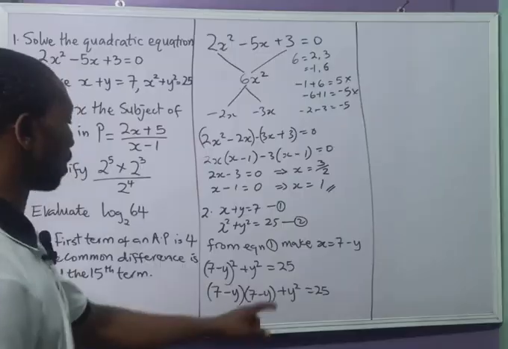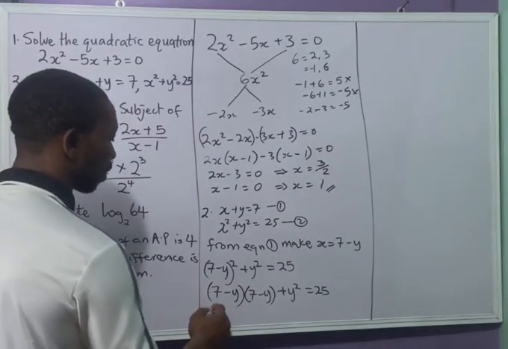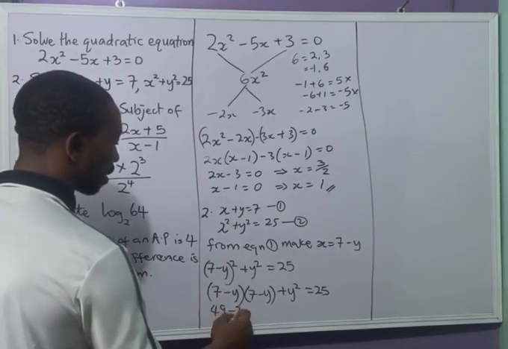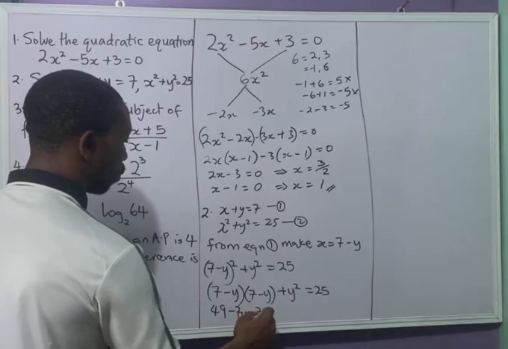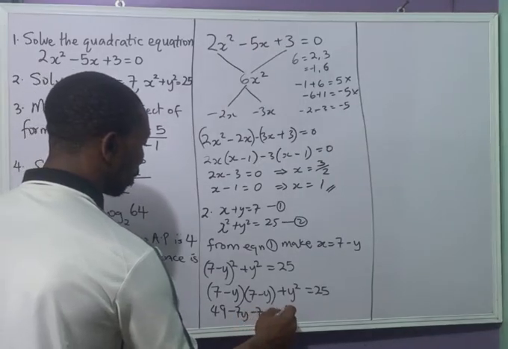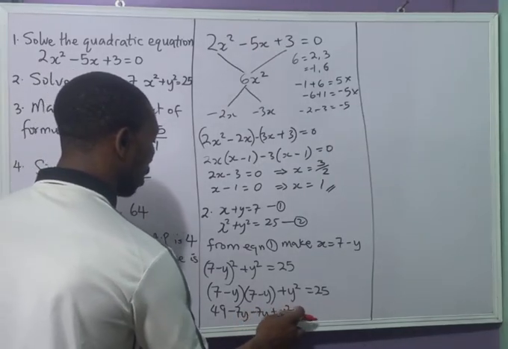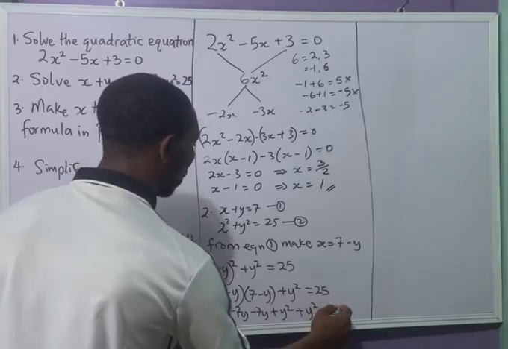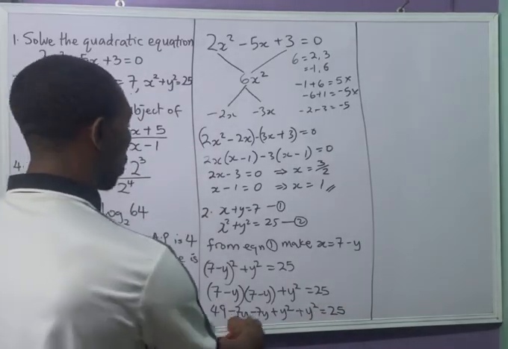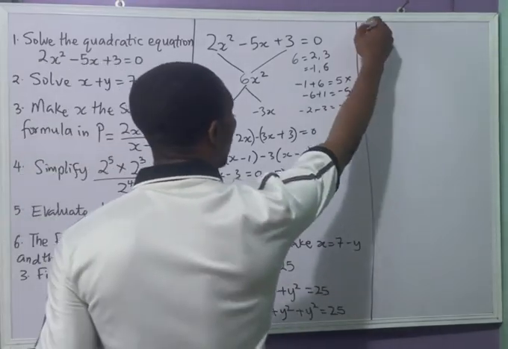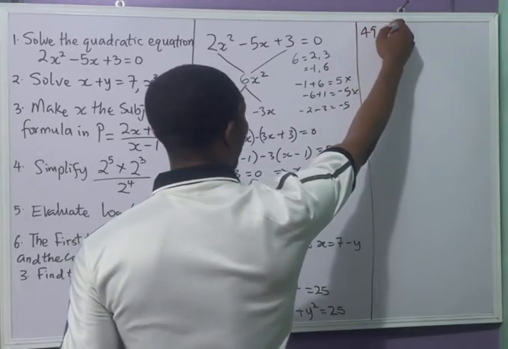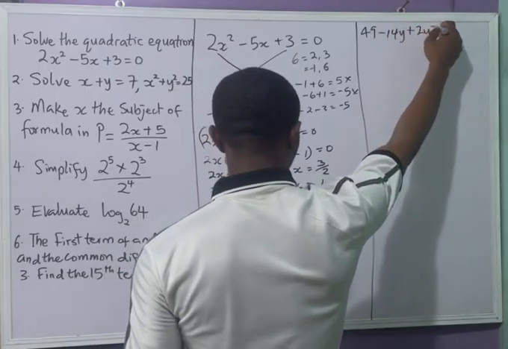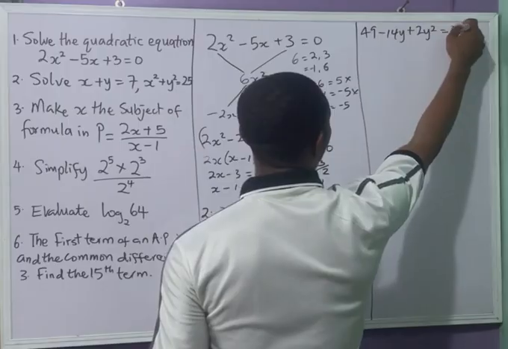Now expanding this, 7 times 7 gives us 49. This times this gives us minus 7y minus 7y plus y squared. Now plus another y squared equals 25. So here we collect like terms. This becomes 49 minus 14y plus 2y squared equals 25.